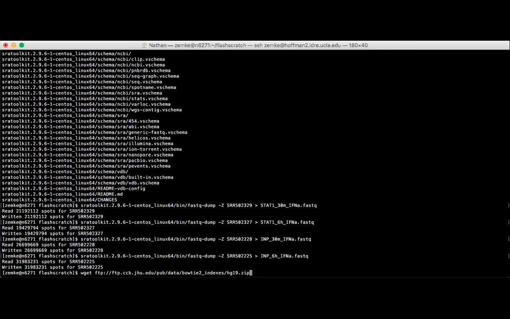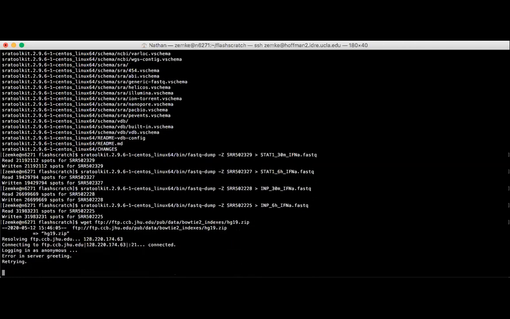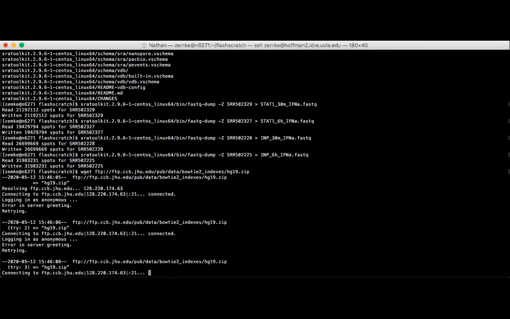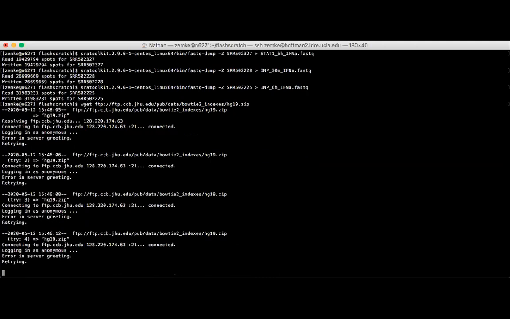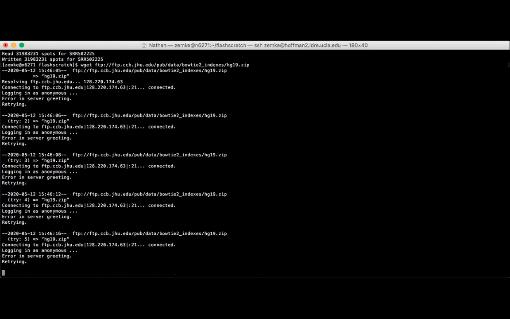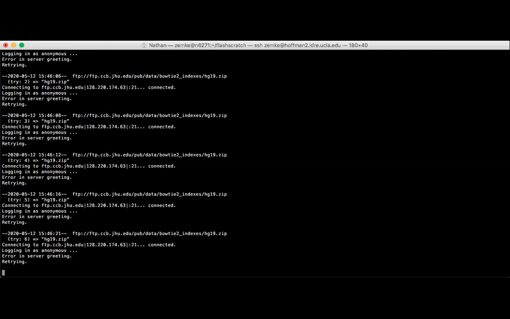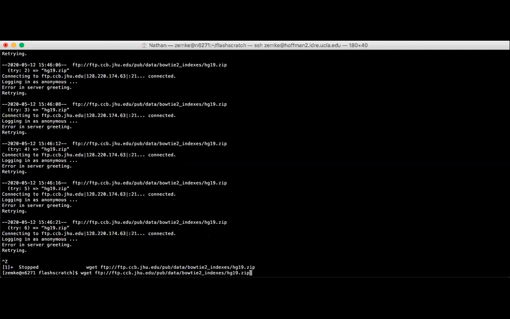I'm downloading the HG19 index files with the wget command. Maybe I typed it wrong, but I'm getting a lot of errors. So maybe I did something wrong. I can't figure it out.